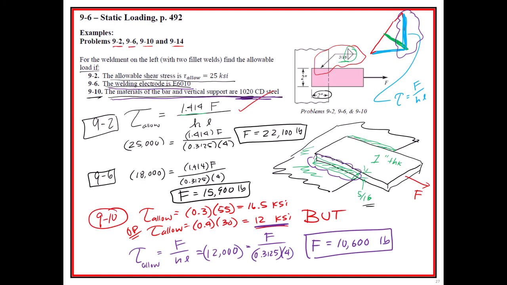So if we use 60-10, I wrote 60-61, I meant 60-10 electrode, we find a new safety factor of tau allow over actual tau. We'd see they get 18.0 divided by 22.6, and that's 0.8, which is no good.